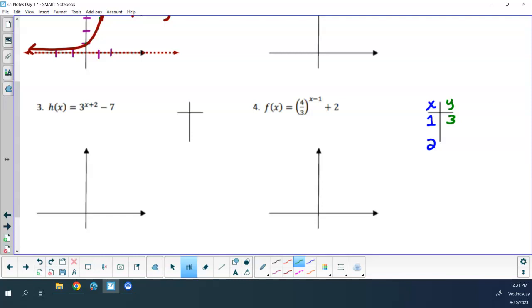If I plug in 2, I get 2 minus 1 is 1. 4/3 to the first power is 4/3. I need to add to that 2, but I'm going to write 2 as 6/3, and that gives me a value of 10/3 there then.